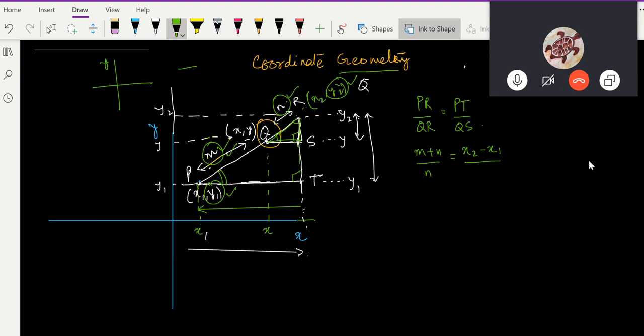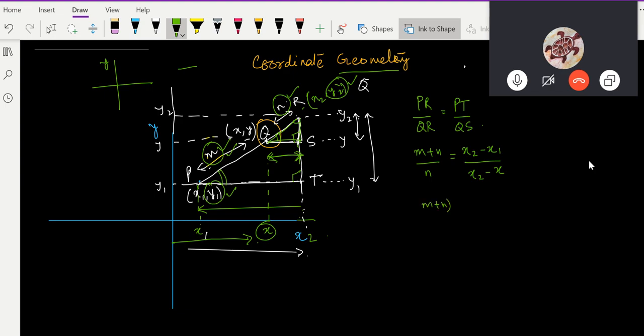It's x2 minus x. This distance is x, and I'm trying to find this distance, right? So the whole thing is x2, and this is x. So x2 minus x. Again we can do the same thing.